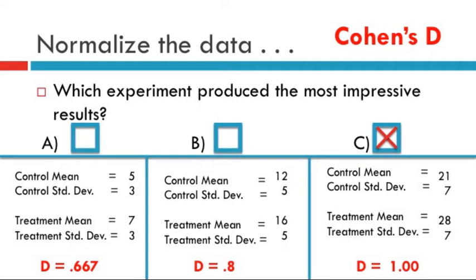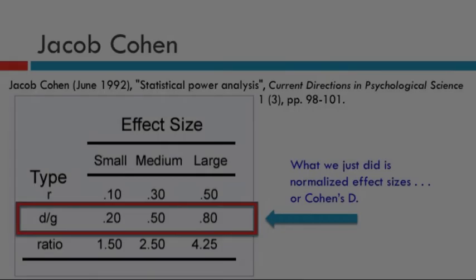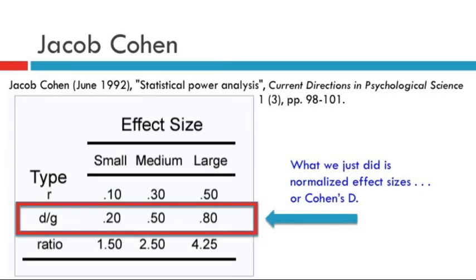And when we did that, we find out that experiment C had better results. And of course, the big dog in effect sizes was Jacob Cohen. You can get his original article right there. The information that you see in the red bracket is the Cohen's d, or normalized value.